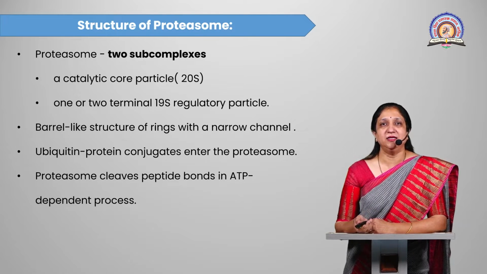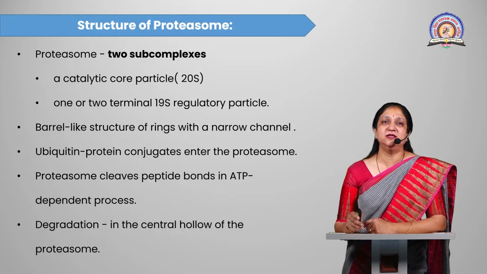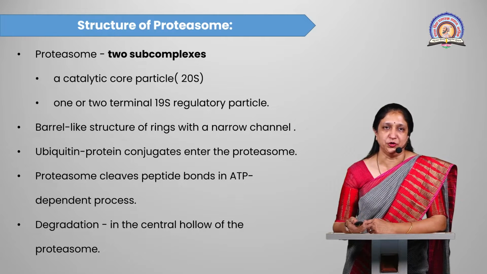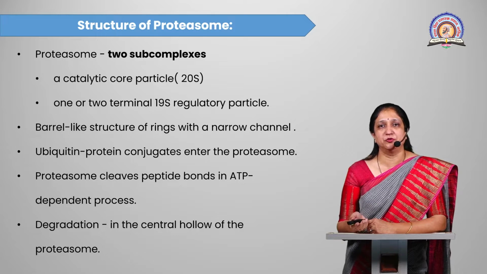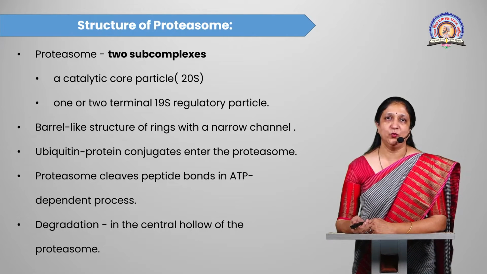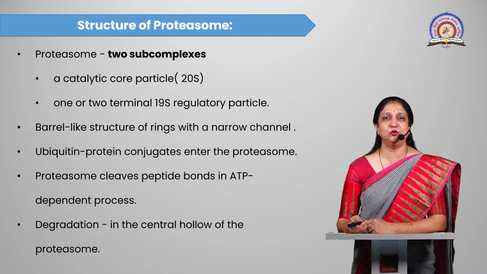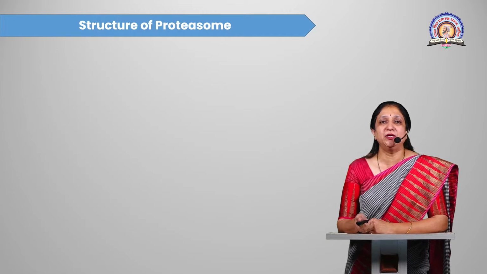So, it is an ATP dependent reaction which degrades the protein into peptides in the central hollow of the proteasome. So, this is the basic structure of the proteasome that is present inside the normal cell, which is used for the normal turnover of proteins. This proteasome is also referred to as ubiquitin proteasome.